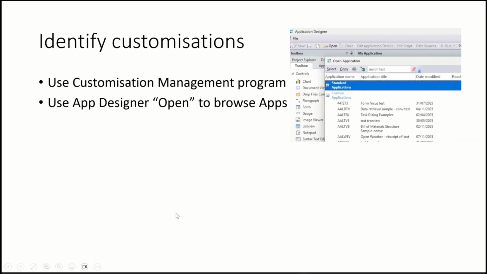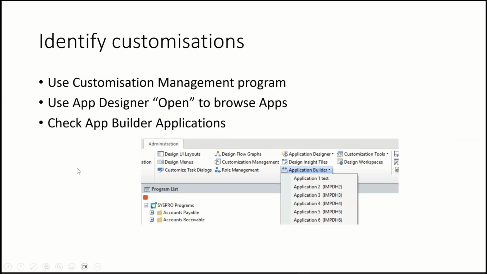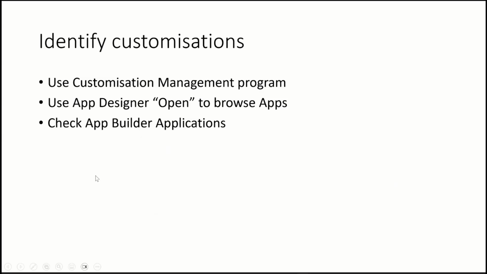That will give you the definitive list. And you can also check App Builder if you use it and see which ones of those applications may well have been done. And this is a good start. And I would personally create an Excel spreadsheet and get a list of all the applications.